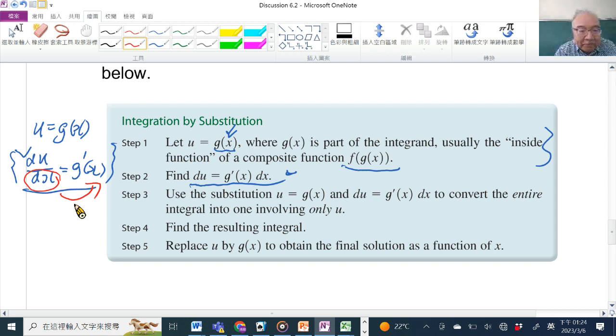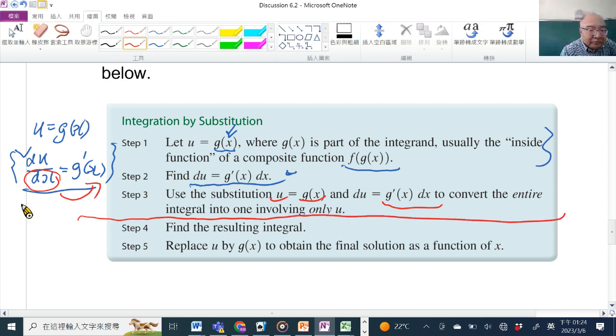So in the third step, substitute everything with g of x by the variable u, and substitute everything with g prime of x dx by du. After this step, hopefully your integration will become an integration with variable u only. So x is totally replaced by u in two parts.